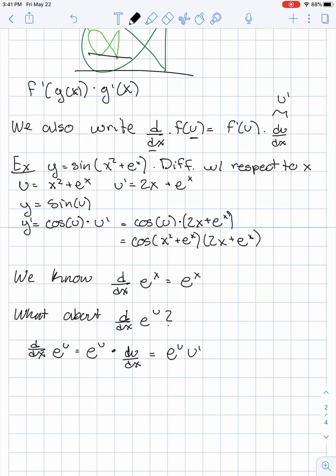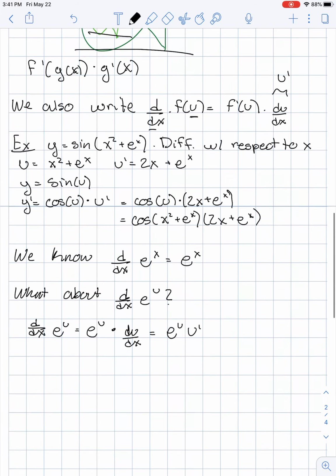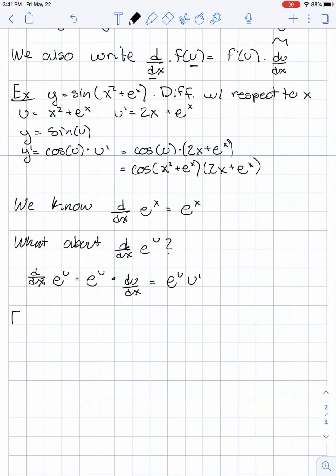U is technically my inside function here. I can then also just rewrite that as e to the u, u prime. I like to use primes. You'll see in the next section why, just because dy over dx or du over dx takes a lot of time, takes a lot of space, that's all it is. But it's very useful to also write du dx to know what you're taking the derivative with respect to. It gives you a lot more than just u prime.